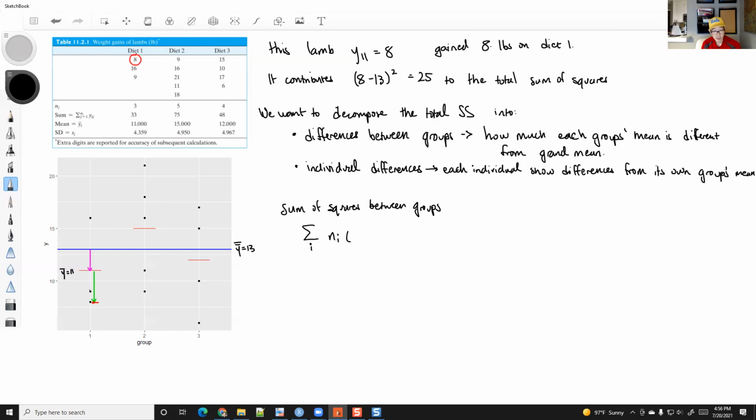And if we look at all 3 of them, they're going to have the same kind of difference between the group mean and the grand mean, because for all 3 individuals in this group, the group mean is 11 and the grand mean is 13, okay? So each group has a mean, y i bar, which is different from the grand mean.